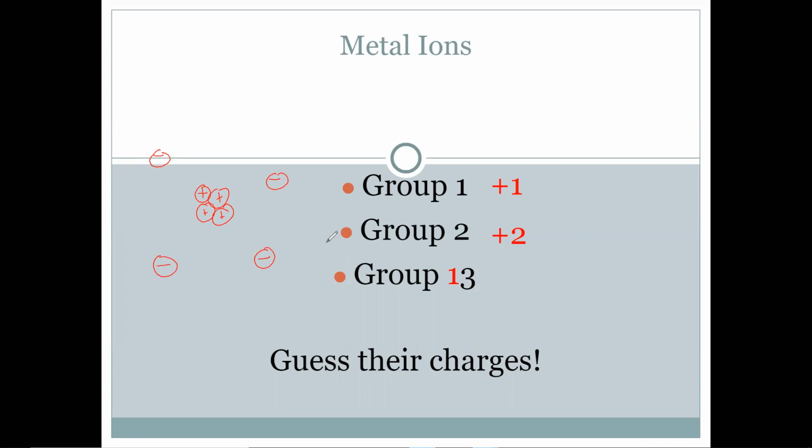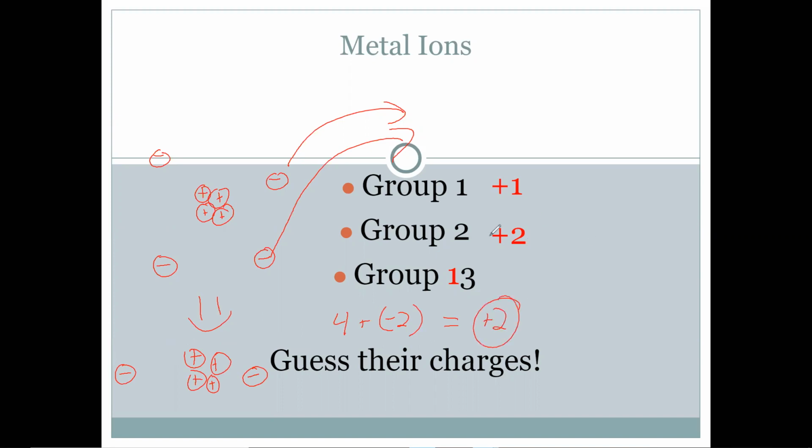When beryllium ionizes, 2 of those electrons go away. Its new form still has those 4 protons in the center, but now only has 2 negative electrons. So 4 plus -2 is going to give us a +2 charge. That's where that's coming from.